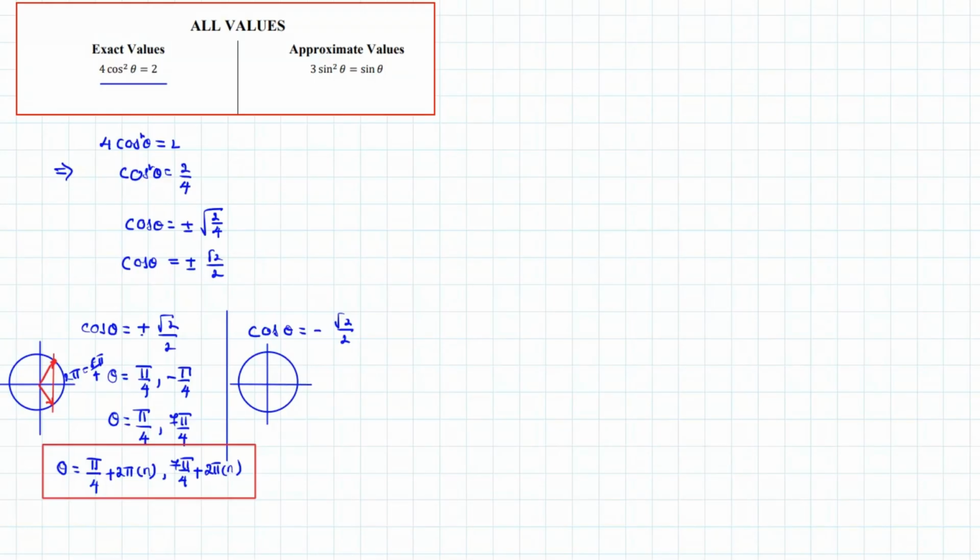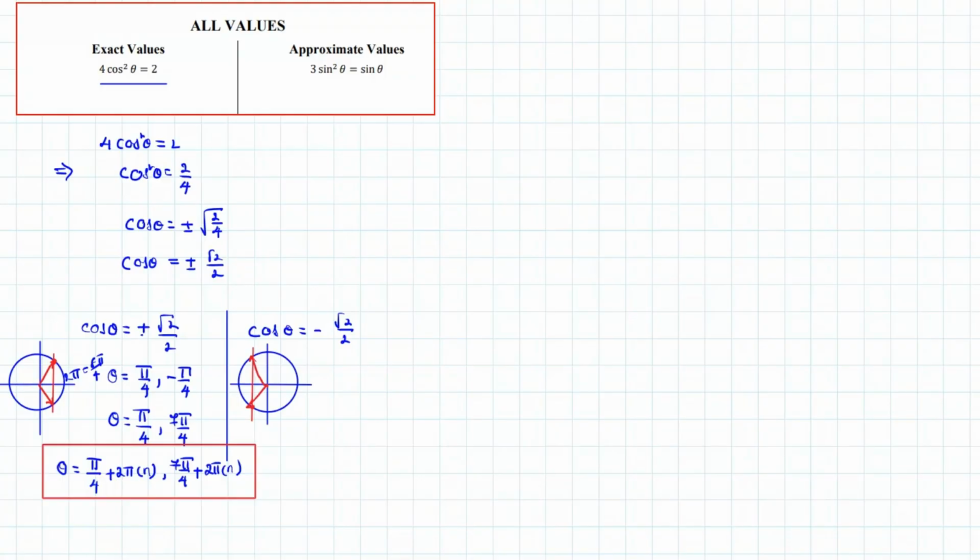Now, cos theta equals negative root 2 over 2 when theta is in the second quadrant, right? In the first quadrant we have pi over 4, then the symmetric angle about the y axis, so this one is 2 pi over 4 and this one is 3 pi over 4.